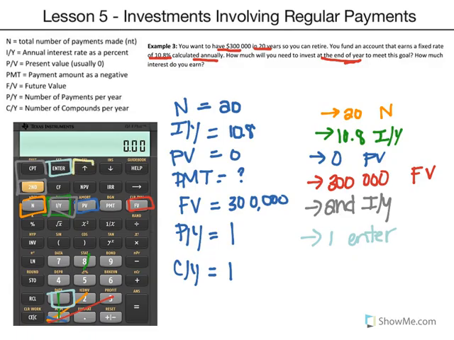Now we want to find our CY, so first we click up, then we push 1, and then we push enter. Now we want to quit that, so second function, compute. And now we're done everything, we just need to find our answer, so we're going to compute our payments.